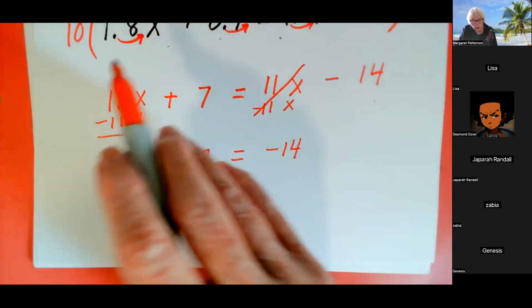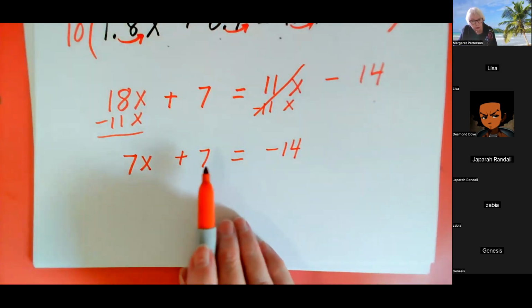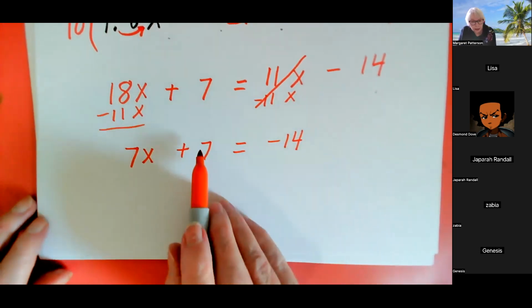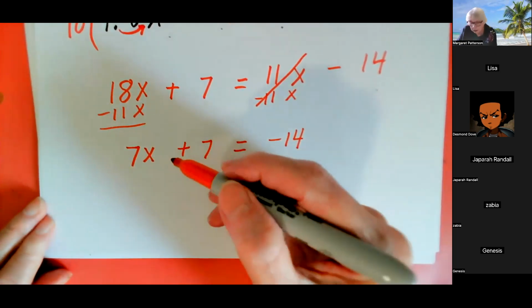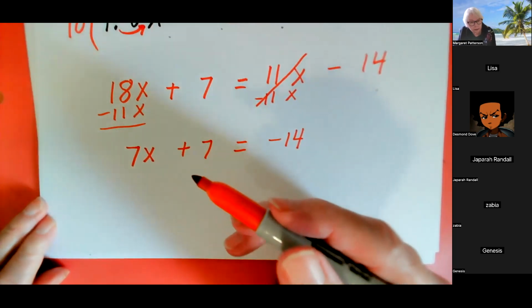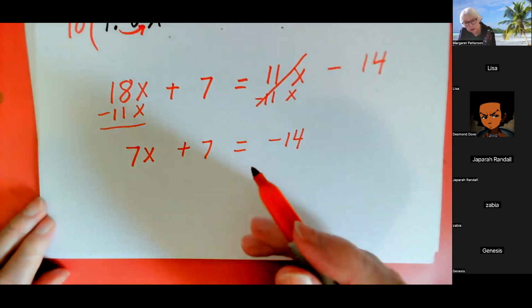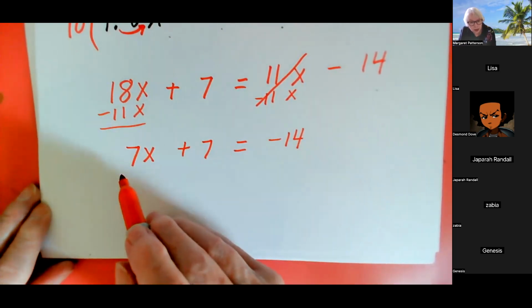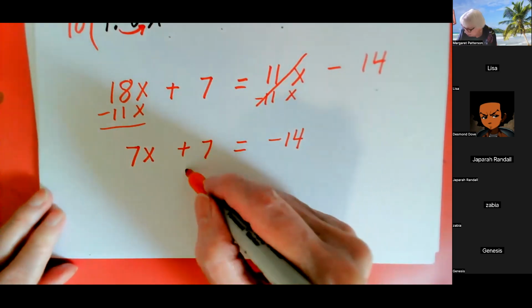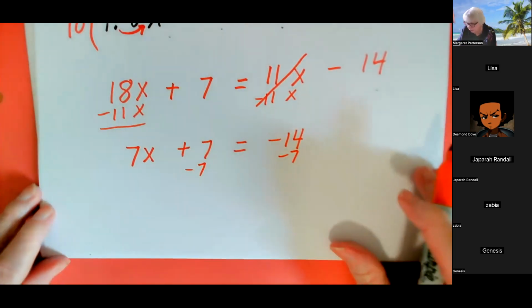I now took this quite messy problem. It's a two-step problem. I need to get rid of this 7 here first, the single number. The single number, that expression is just something I made up, but it's the number not attached to the x. And so I'm going to subtract 7 here and subtract 7 here.